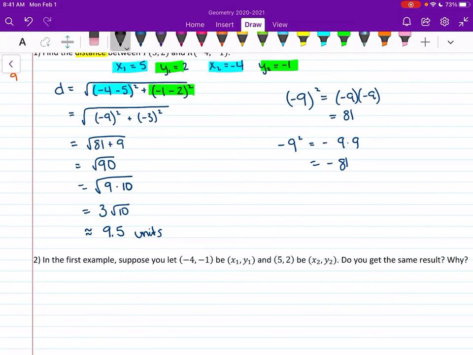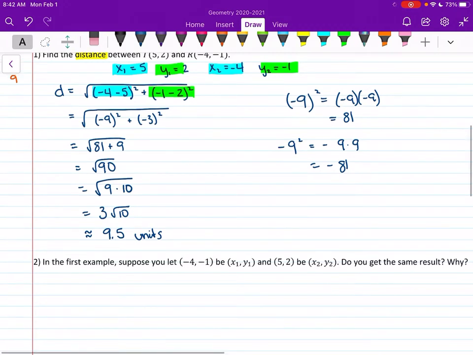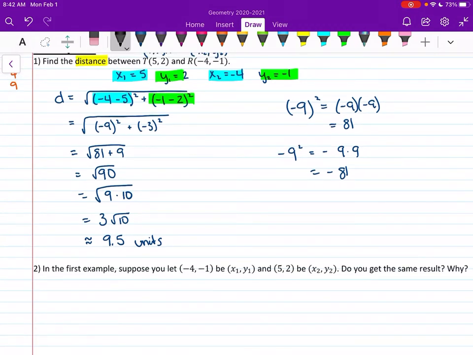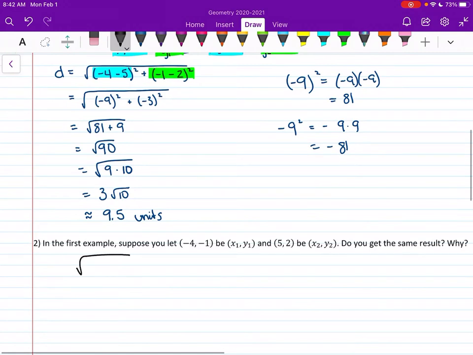So if I switched those, I would get a 5 minus -4 squared plus a 2 minus -1 squared, which then would be a 9 squared and a 3 squared.